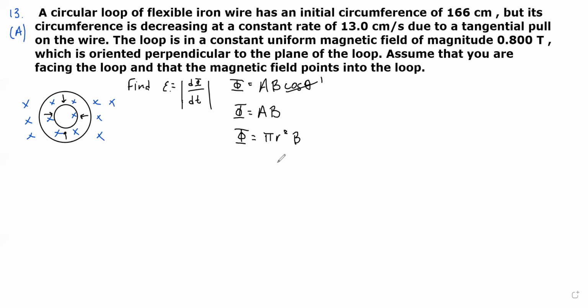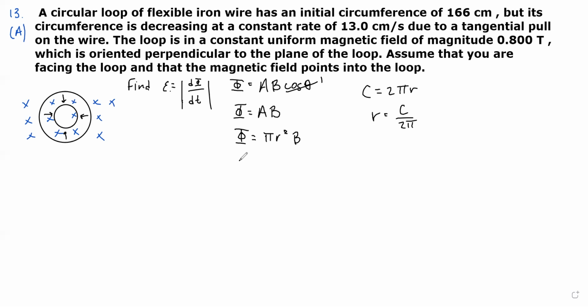It's the circumference that's varying, and what we're given is the rate that the circumference varies. So it's not even really helpful to write area in terms of radius because we don't know how the radius changes. We know how the circumference changes. So I'm going to rewrite radius in terms of circumference. We know circumference is 2 pi r, which means radius is circumference divided by 2 pi.